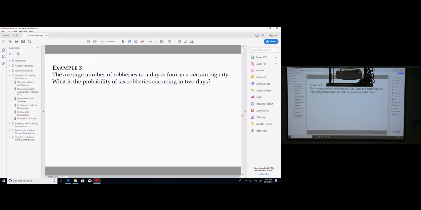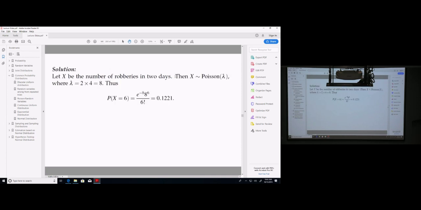Since it is given that the average number is 4, and the mean of a Poisson is lambda, lambda is equal to 4 here. The rest will be just doing the calculations.